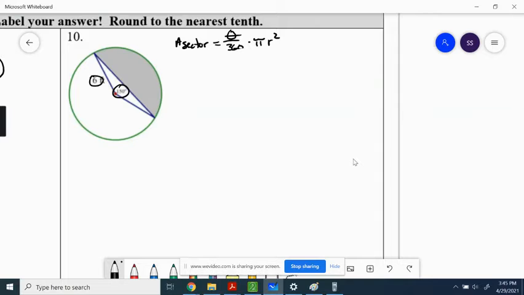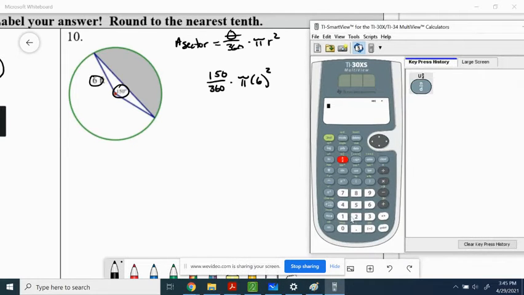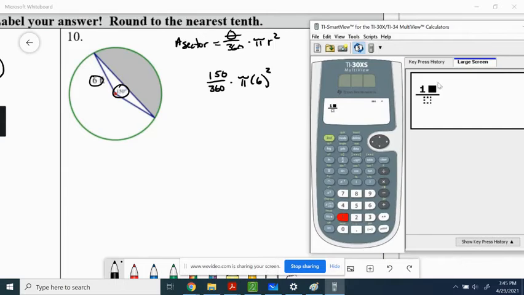So now I can substitute those into our formula. So 150 over 360 times pi times the radius, which is 6 squared. And let's get our calculator out. All right, so fraction button, large screen, 150, get into the denominator, over 360 times pi times 6 squared.